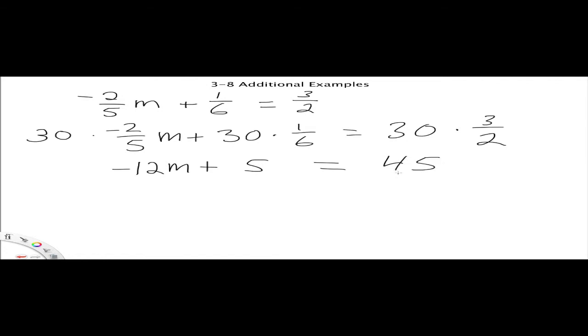So now we're in the form that we've seen before, and we know how to solve this. So we go to our procedures where we undo the addition. We'll subtract 5 from both sides of the equation, and in doing that, 5 minus 5 is 0, and 45 minus 5 is 40.